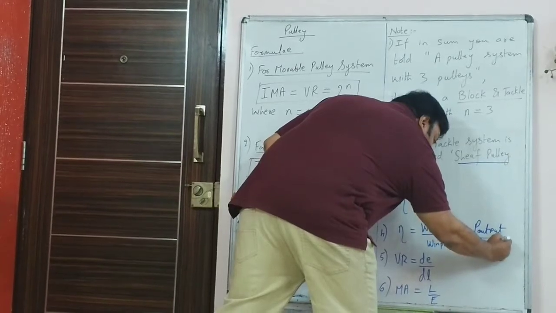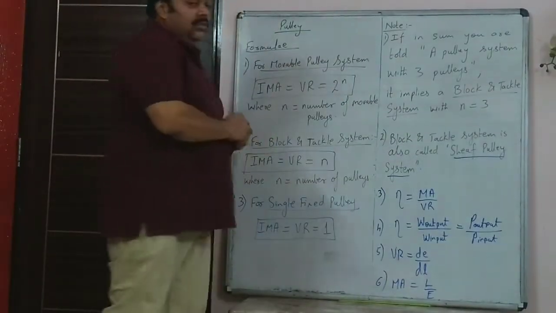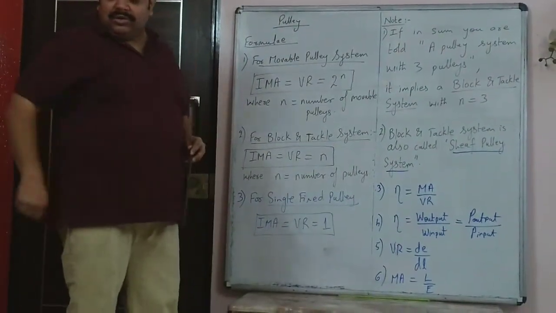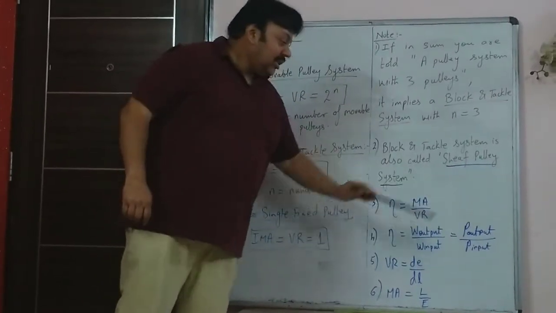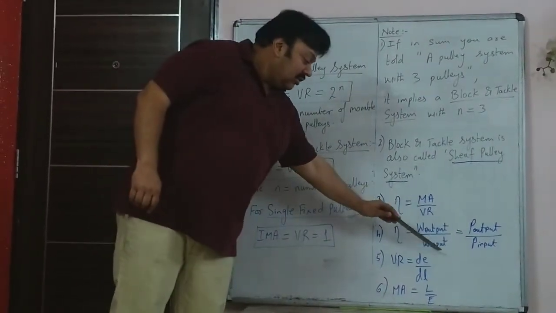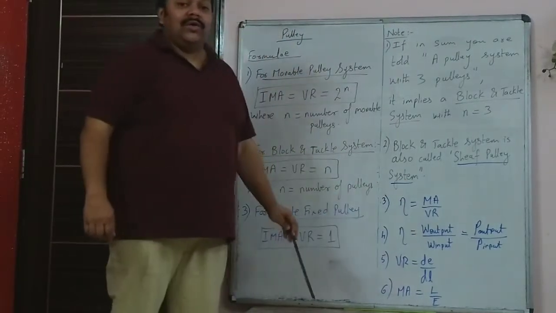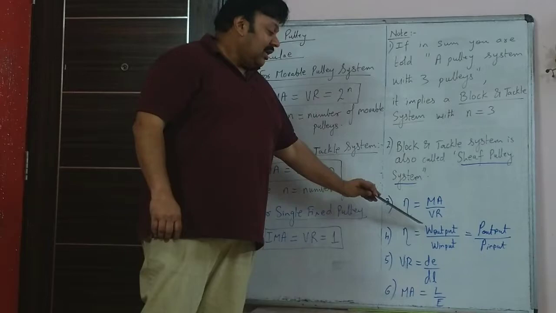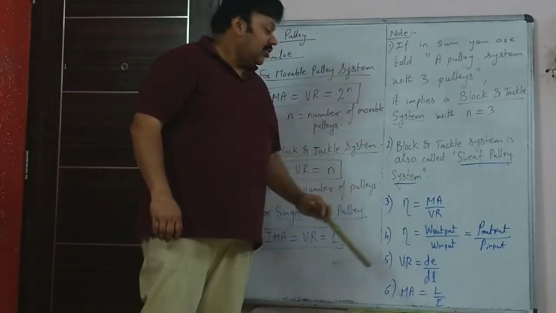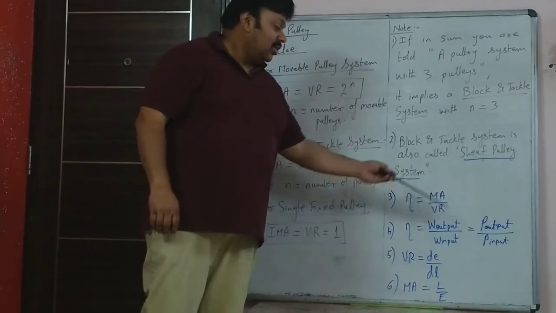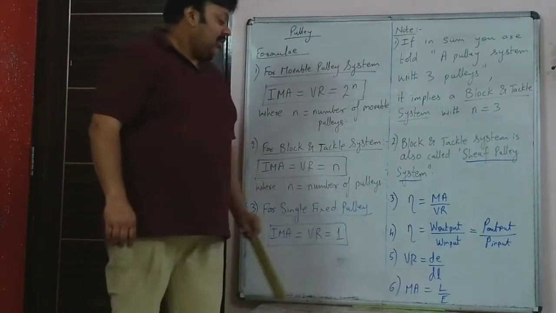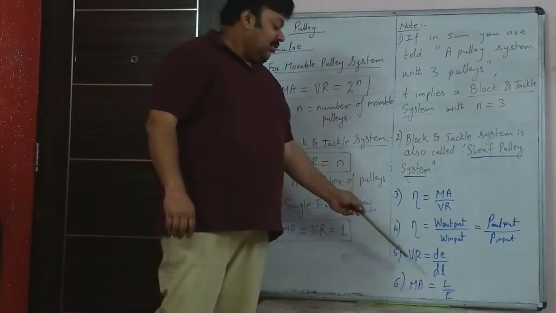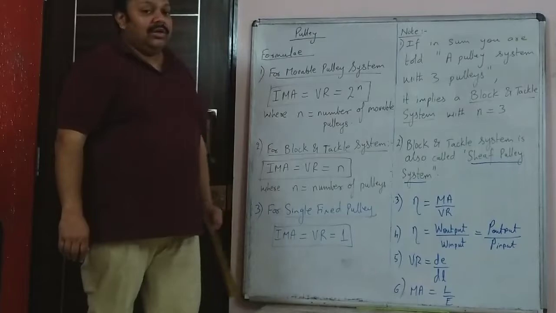So work output or power output, both same. The values won't be the same because this is divided by time to get power output, and this also is divided by the same time to get power input. So time will get cancelled, and you will get whatever is given. Based on that you can take work output upon work input or power output upon power input. VR is dE by dL and MA is load upon effort.